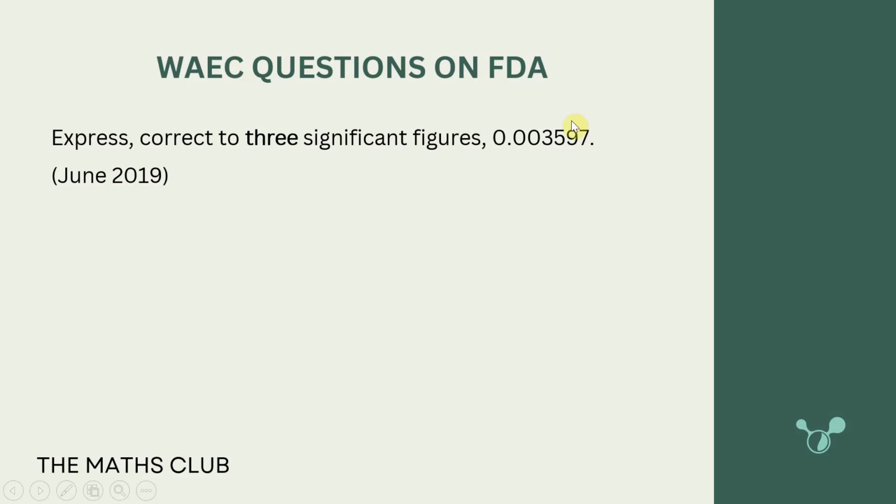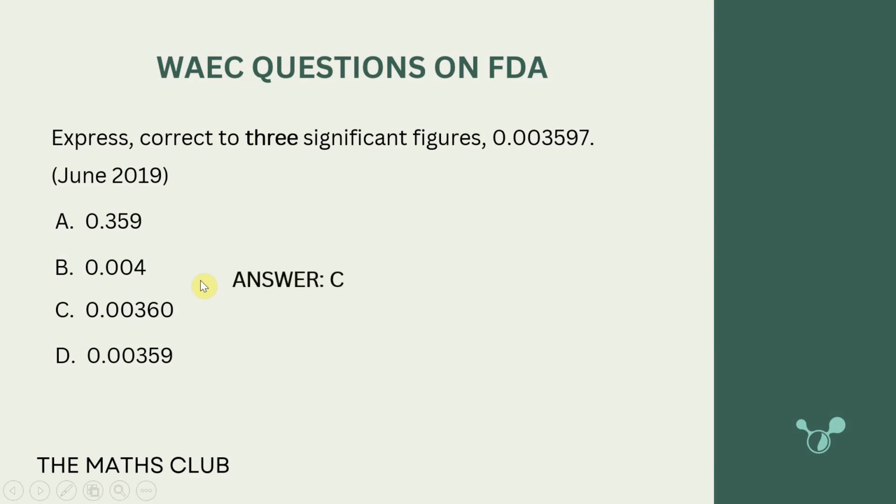So 7 is going to add 1 to the 9, which will make it 10. We can't write 10, so that will be 0, then we carry over 1 to this 5. So that will be 0.00360. That's option C. Great.